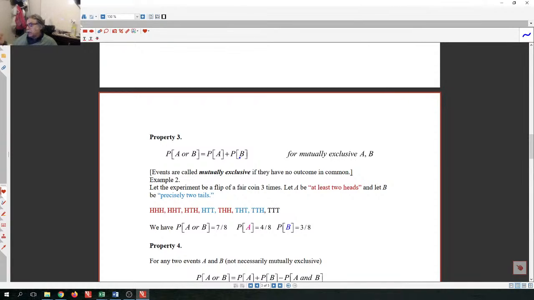You can't have both, right? So these are 2 mutually exclusive events. So the first event is first ball is black and the second one is red, and the second event is first ball is red and the second one is black. 2 different things. Okay, so this property says A or B, so 1 black, 1 red, that means either one or the other, is probability of the first one plus probability of the second one.